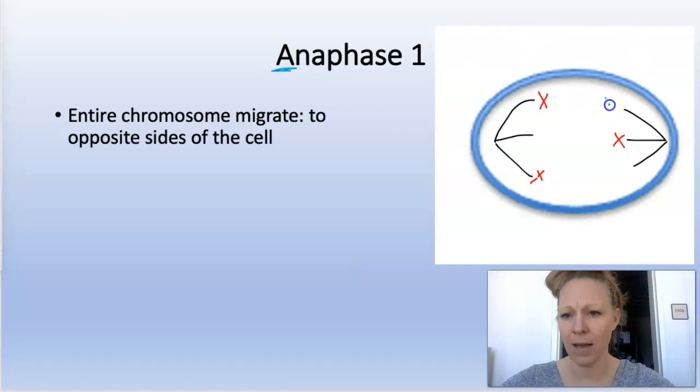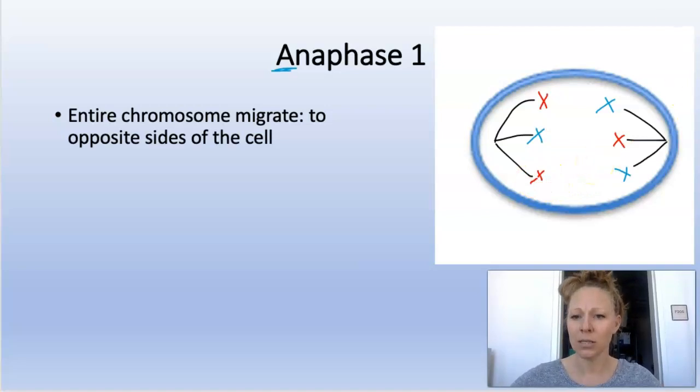So here we have entire chromosomes migrating to opposite sides. And here, I'll just cross this one right here. Boom. And this one's got some blue on it as well. So they're all crossed over. So when this cell splits, it's going to have some of mom and some of dad in it. It's going to be something entirely brand new. It's never been created before.